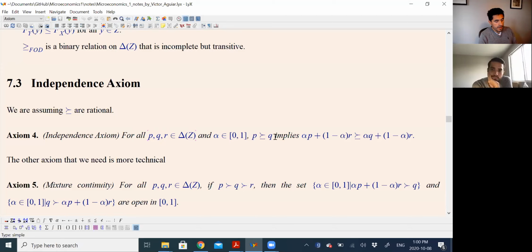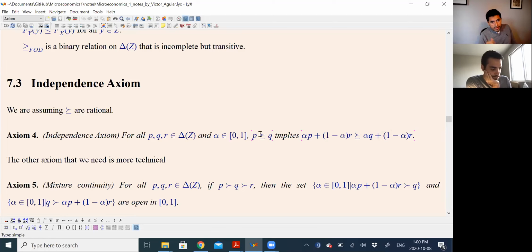And then the independence axiom requires that if I observe in an experiment that this decision maker chooses P over Q, then this implies that if the same decision maker is given a compound lottery of P with R with a mixture parameter alpha and another mixture of Q with R with the same mixture parameter, then this decision maker will still choose the compound lottery PR over the compound lottery QR.